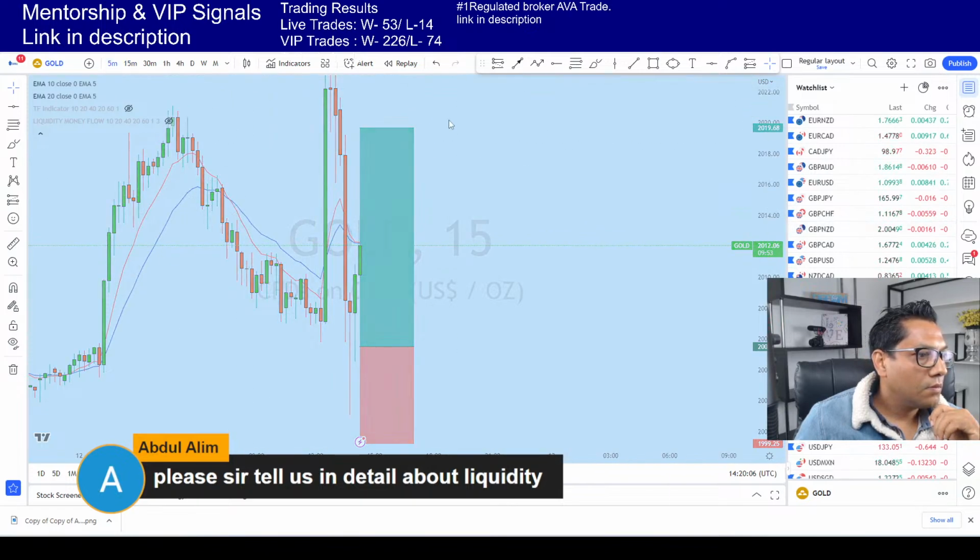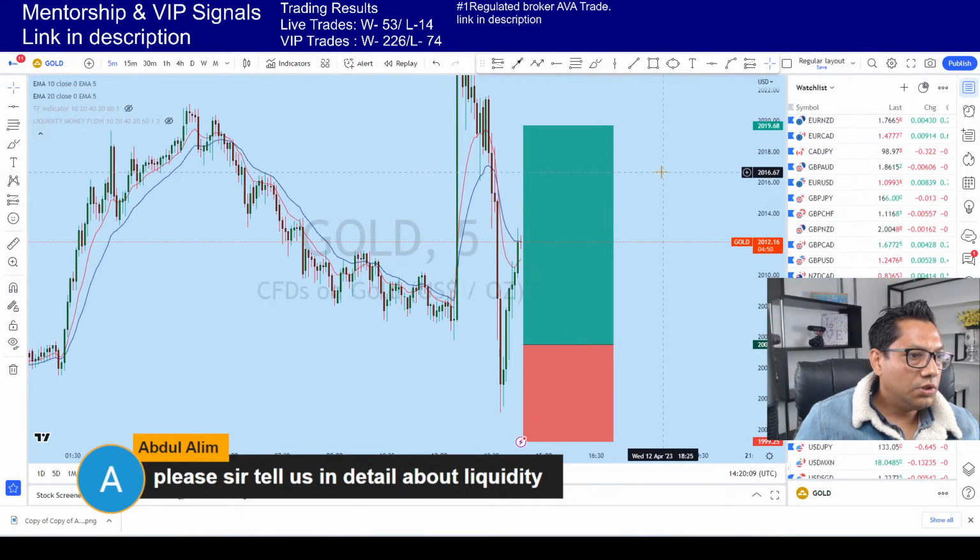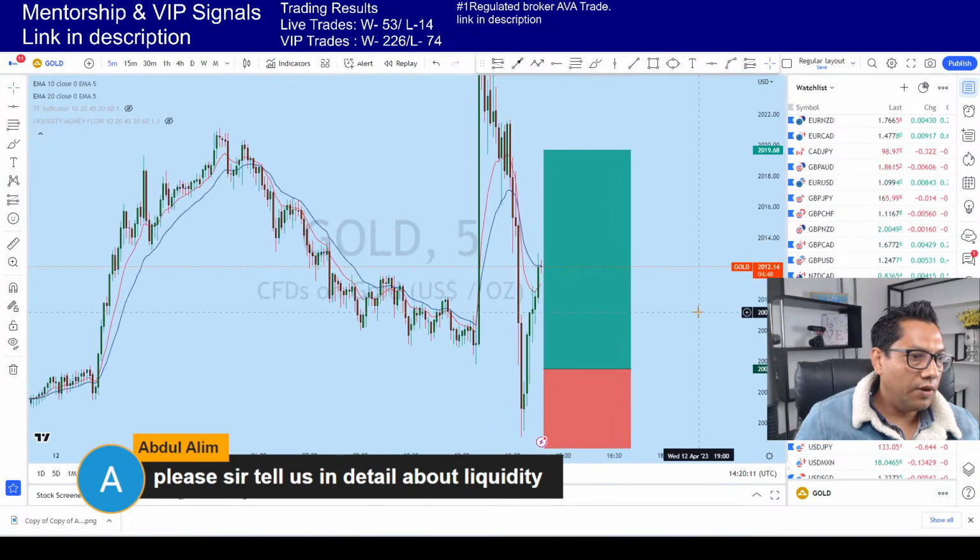So this is a big liquidity gap from the support.